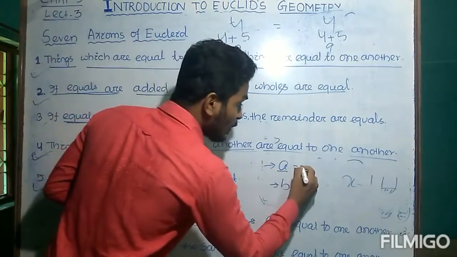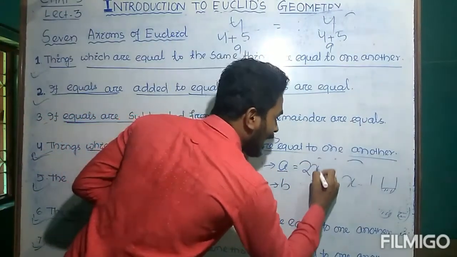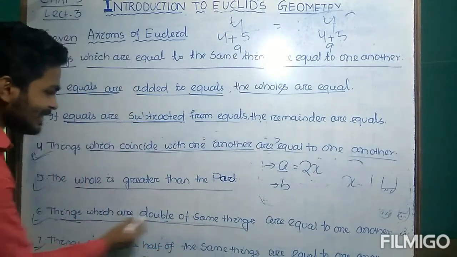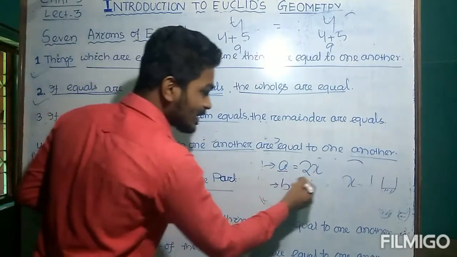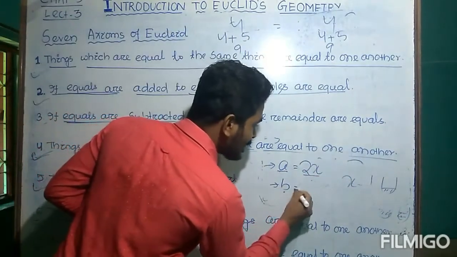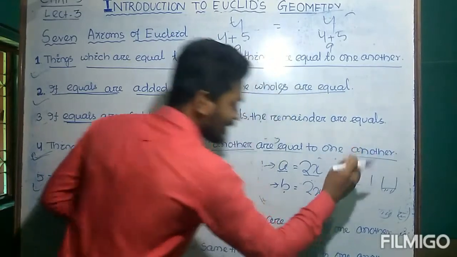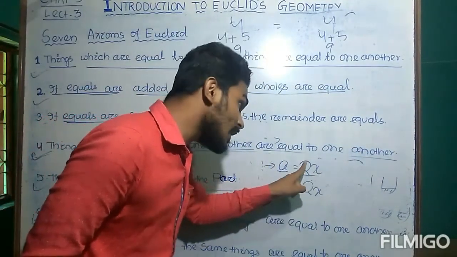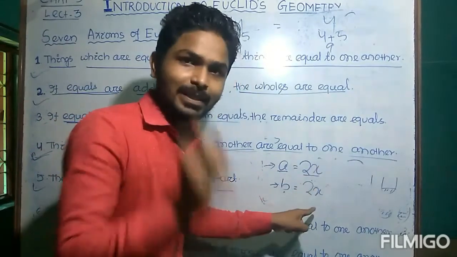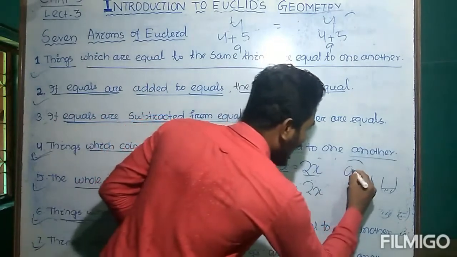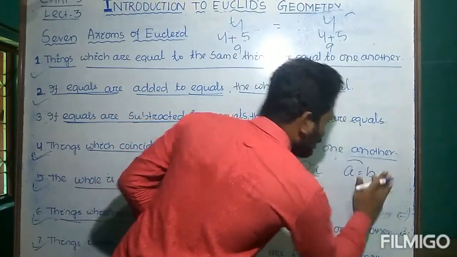If A is double of X, and similarly B is also double of X, then you can write A is equal to B.